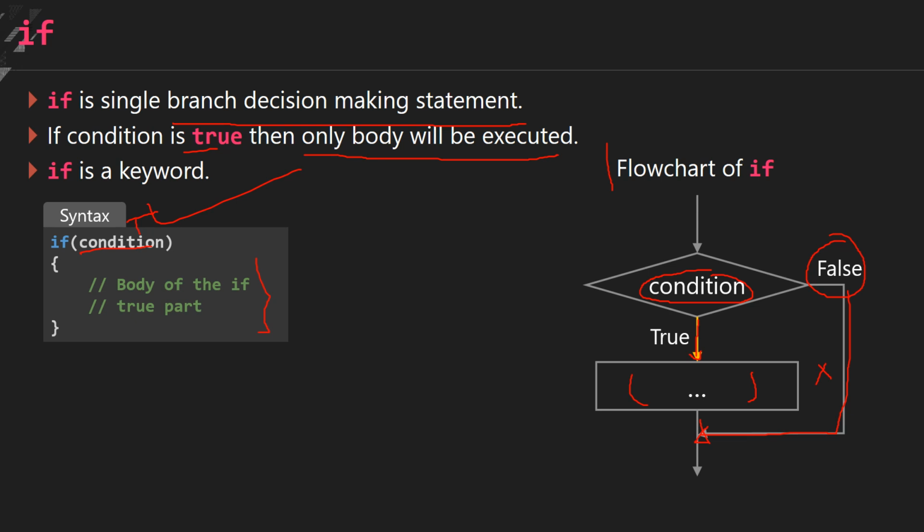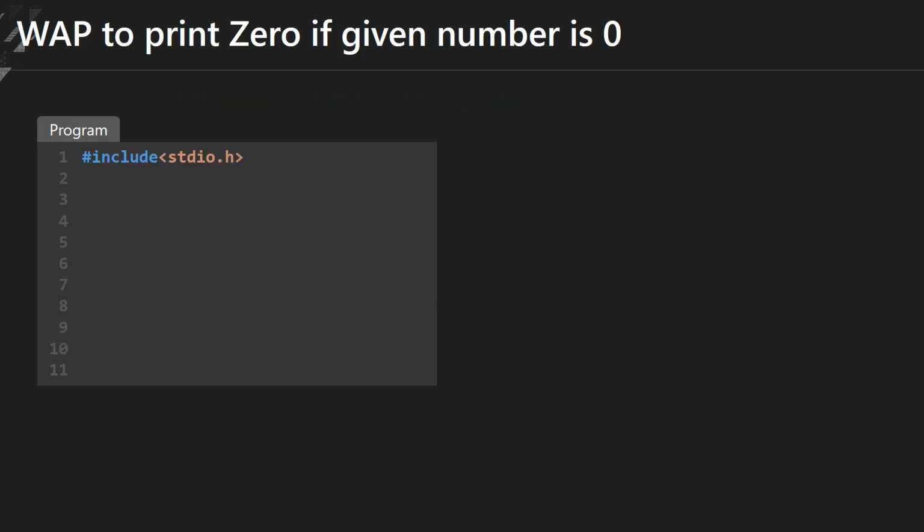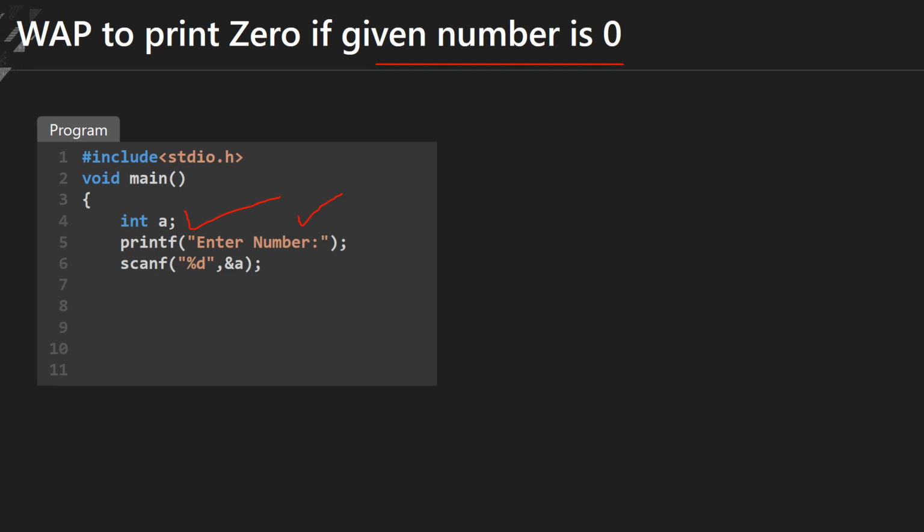Let us see how to use it in a simple program. Look at that. Write a program to print 0 if the given number is 0. How do you print it? You just have to use the simple if. So I have declared one variable, int a. Print, enter the number. Here you have to enter your number.